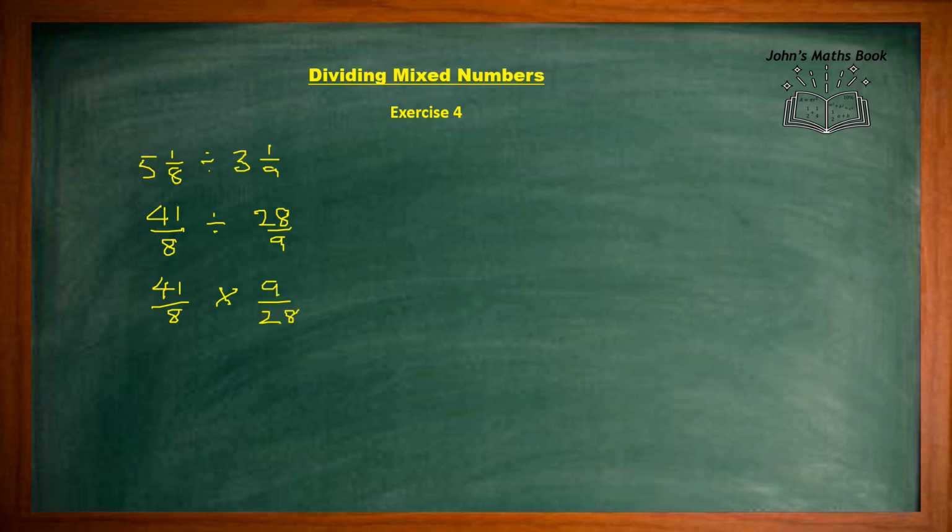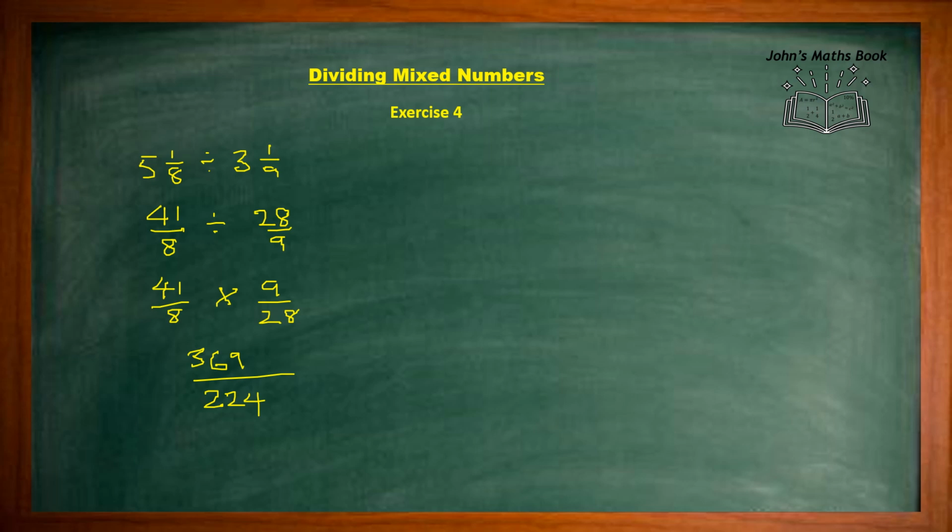And now we multiply the two numerators together and the two denominators together. So 41 times 9 is 369. And that's divided by 8 times 28, which is 224. Which is an improper fraction.